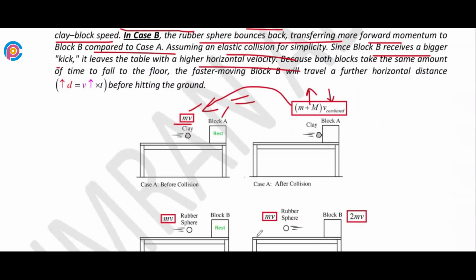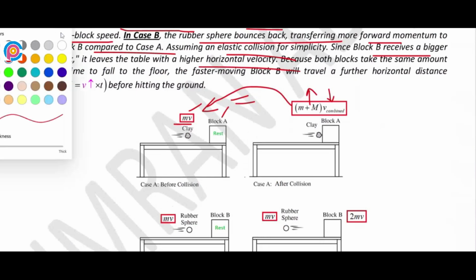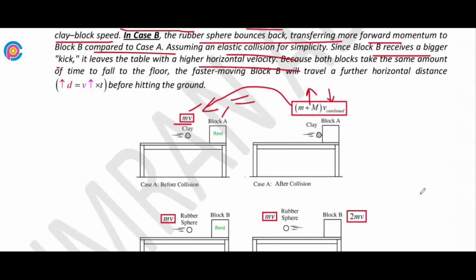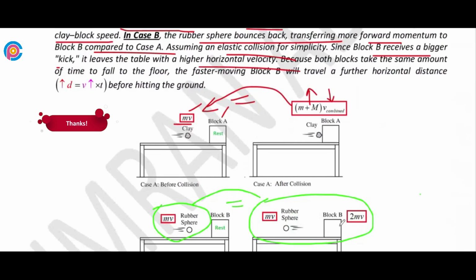Now, how can we reach the conclusion that this has the greater velocity? As a whole system, the momentum after collision should be equal to the initial momentum, mv. Here one is moving backward and the other is moving forward.